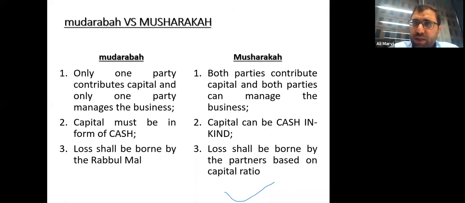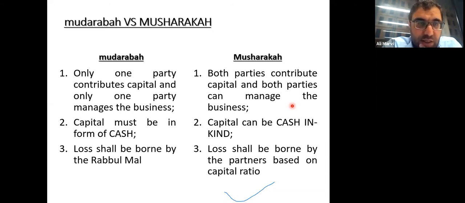And we can see these differences between musharika and mudariba. As I told before, in mudariba, only one party contributes capital and only one party manages the business, whereas in musharika, both parties contribute capital and both parties can manage the business.